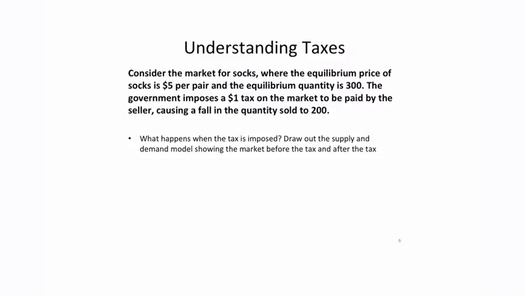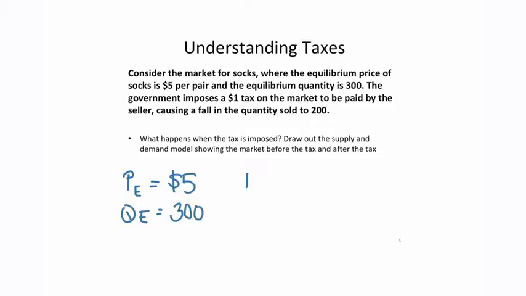So let's work through an example here. Again, you can pause the video, work through this yourself, and then come back for the answers and explanations. So here, let's consider the market for socks, where the equilibrium price, PE, is going to be $5. The equilibrium quantity, QE, is going to be 300.